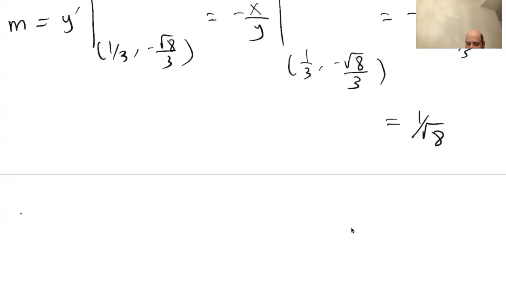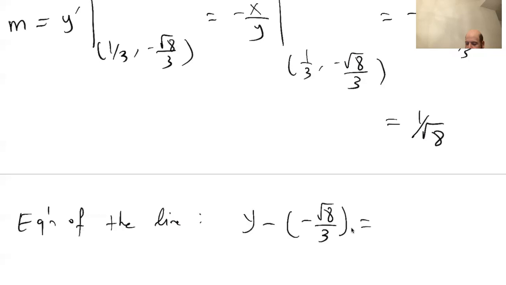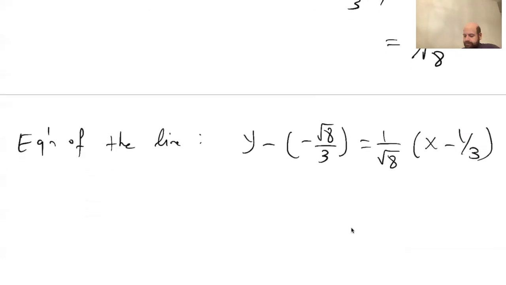And therefore the equation of the line will be y minus y naught, where y naught is minus root 8 over 3, equals m, which is 1 over root 8, times x minus x naught, which is 1 over 3. And therefore y plus root 8 over 3 equals 1 over root 8 times x minus 1 over 3.